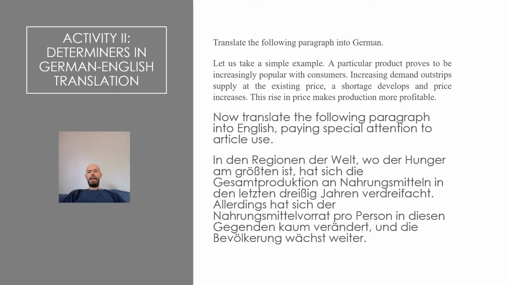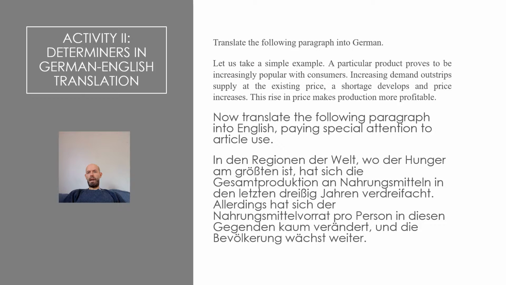Okay, increasing demand. Increasing demand is also used without the article here because demand is an uncount noun, a non-countable noun in English, and these nouns often dispense with the article also.